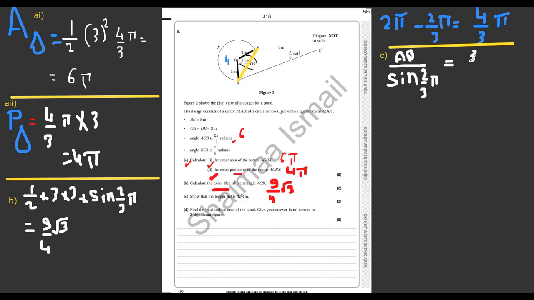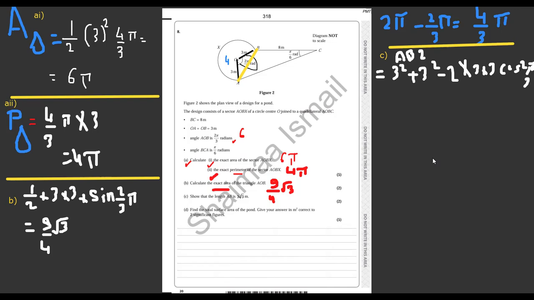Okay, let's solve it with the cosine rule. AB squared will be equal to 3 squared plus 3 squared minus 2 times 3 times 3 cosine 2 over 3 pi.